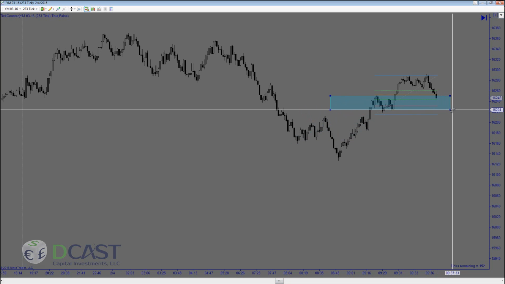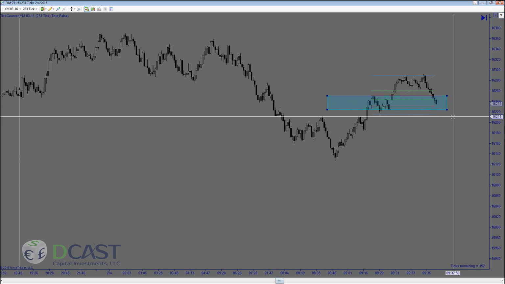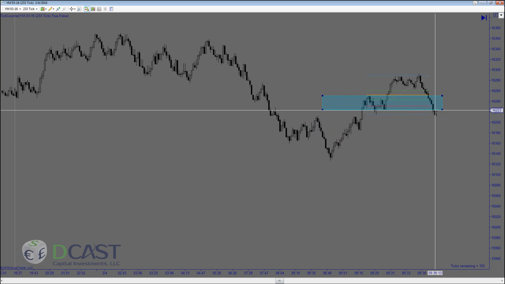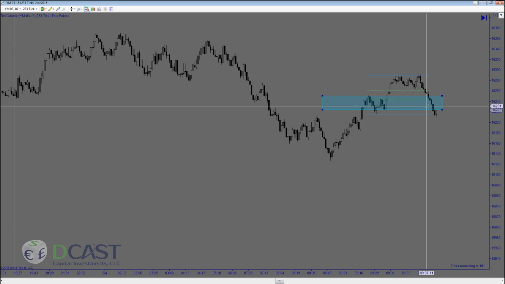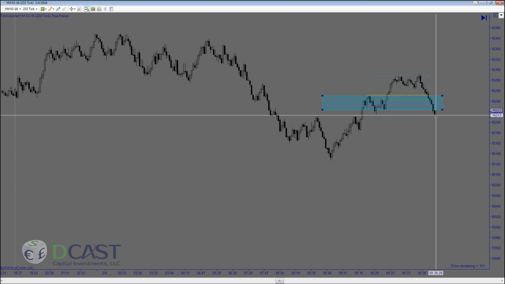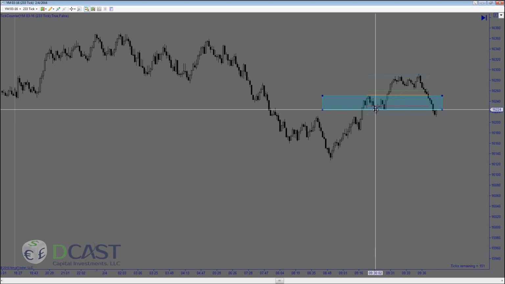We're starting to see that price gets past the 786. I'm not particularly happy about this. I see that I have an increase in momentum to the downside. I see that I've broken this structure area.